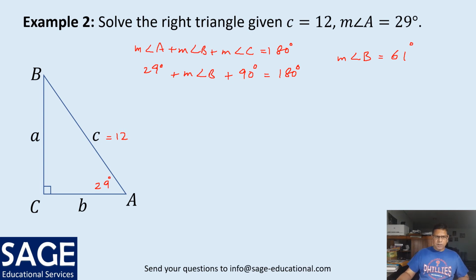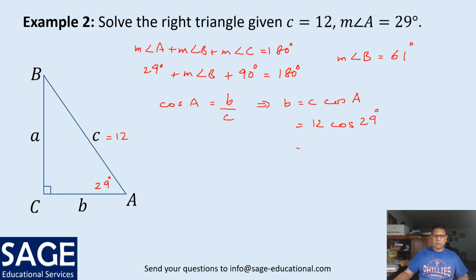Next, we can use the cosine ratio. We can use any ratio, but right now, since we know the hypotenuse, we should either be using sine or cosine. So let's use cosine of A. So cosine of A would be equal to B over C. And we can rearrange that to give B is equal to C times cosine of A. And remember that C is equal to 12 and the angle A is equal to 29 degrees.